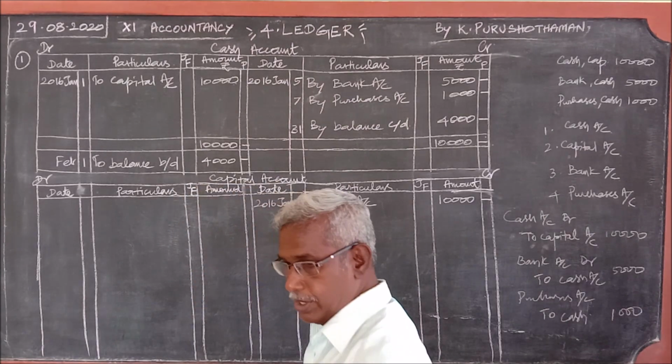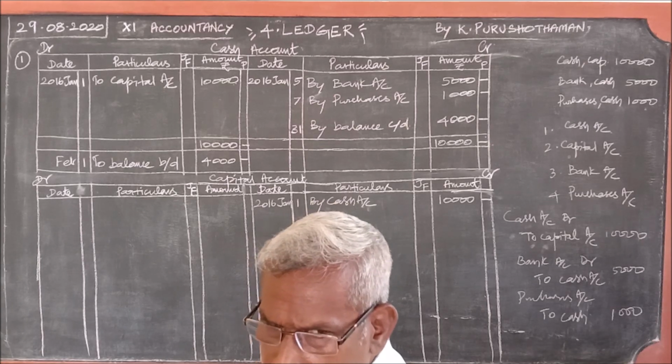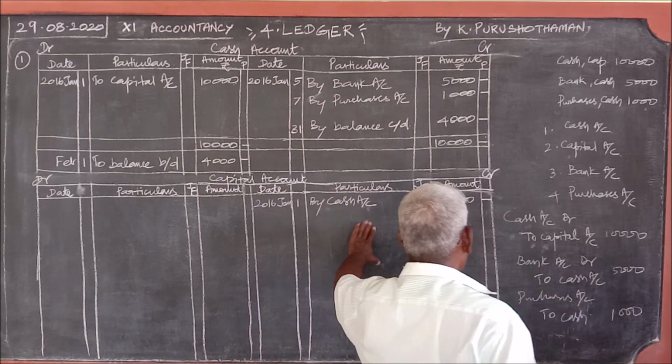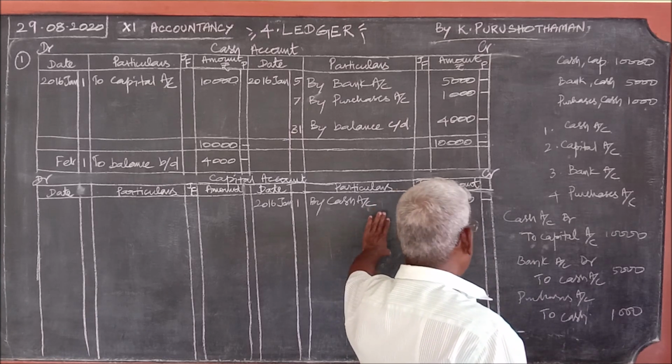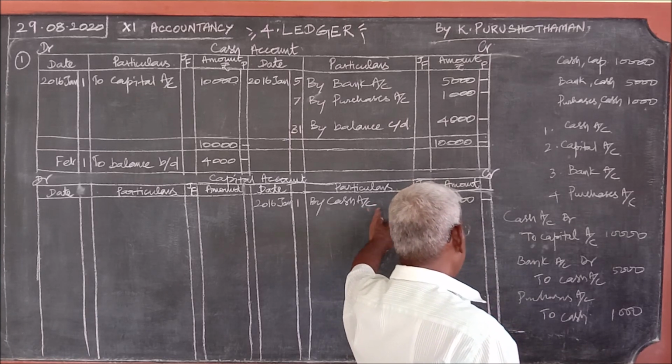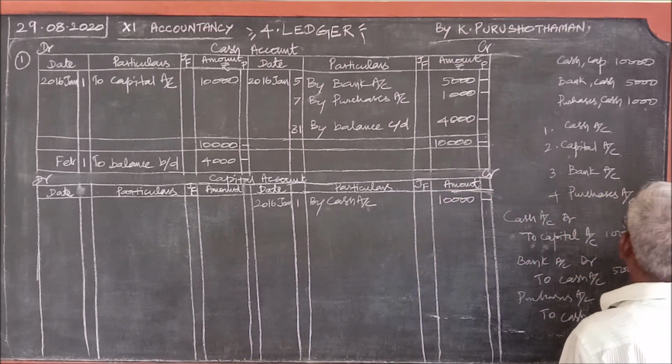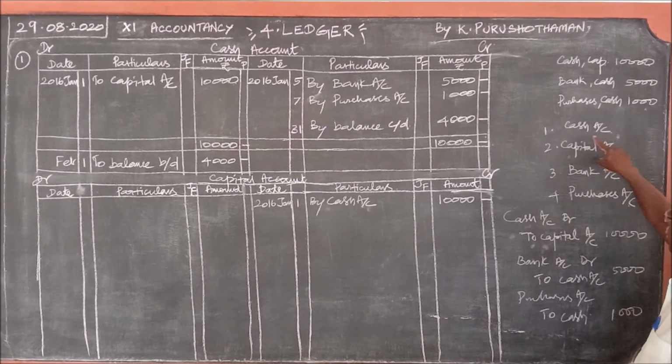Once again, I repeat. Why should we make the posting here? We are searching for the different types of account. The first we have completed. The second type of account required for a ledger is the capital account. Where does capital appear?